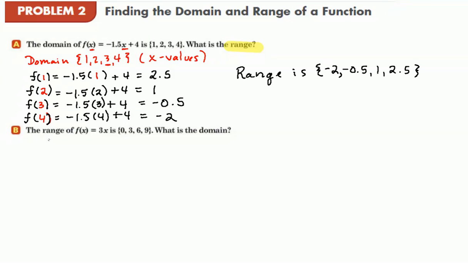For problem B, the range of f of x, where f of x equals 3x, is 0, 3, 6, and 9. What is the domain? So what they've done is now they're giving us the range and they want the domain. So what we're going to do is write down our range.